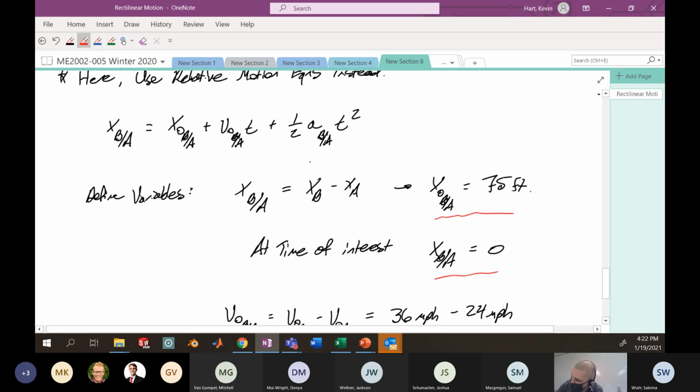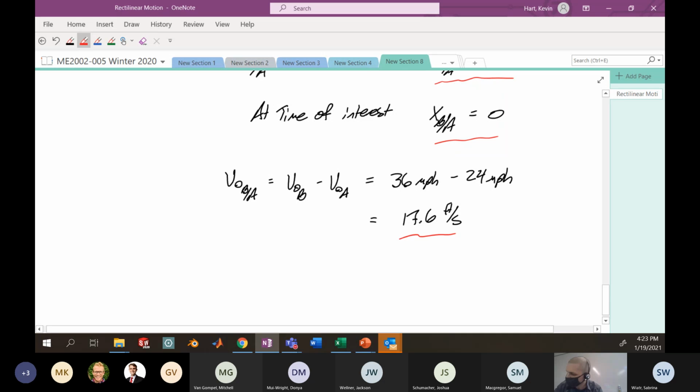Continuing here, let's look at the acceleration of B relative to A. This is the acceleration of B minus the acceleration of A. I'm told some information about their accelerations in this problem, namely that the accelerations are constant. So again, not going to depend on time here.